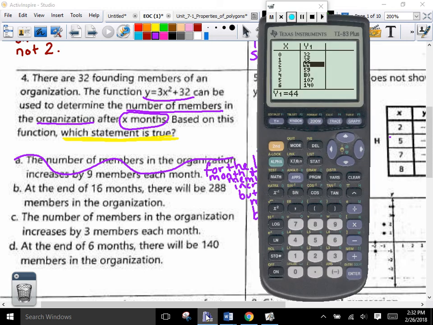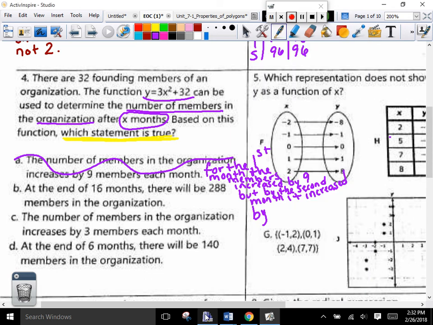So we have from 44 to 59, so it increased by 15. That is the explanation why letter A is not my answer. Make sure you're writing this on your packet. That's going to be part of your grade. So now that we have that, let me erase it, because that way we can put our explanation for the other answer choices.